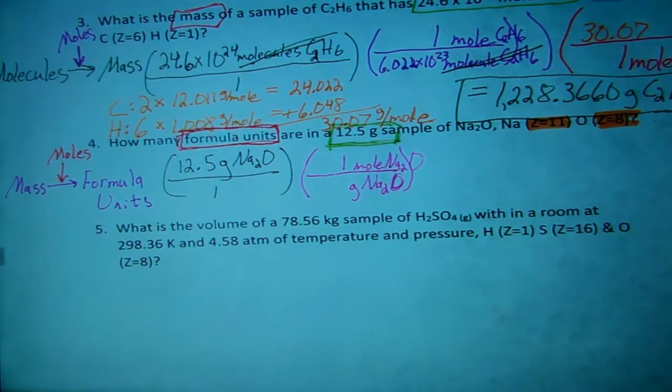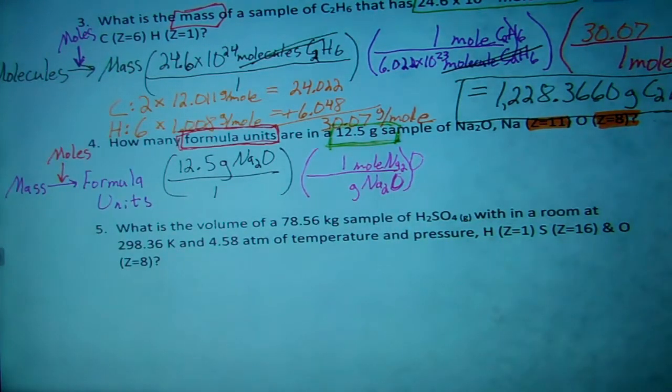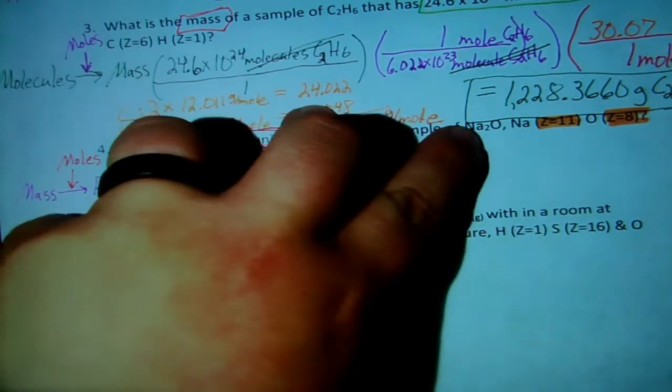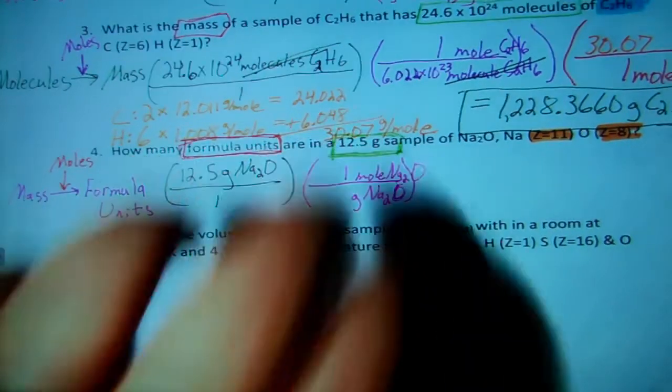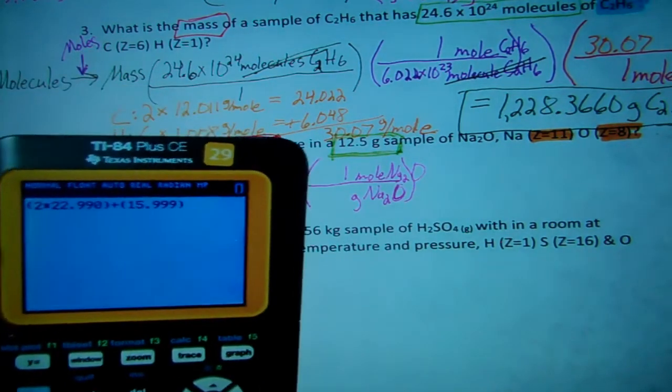So to find what's going to go in that blank, this is literally what I'm doing. I'm putting parentheses in there. I have 2 sodiums, so 2 times sodium's average atomic mass, 22.990, in parentheses, plus 15.999, which is oxygen's average atomic mass.